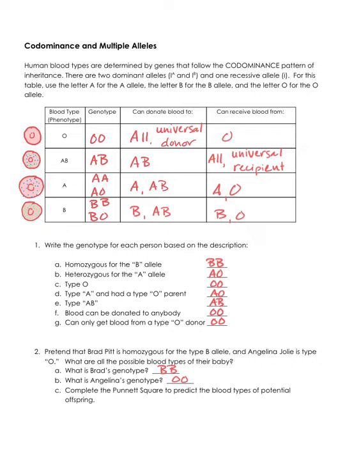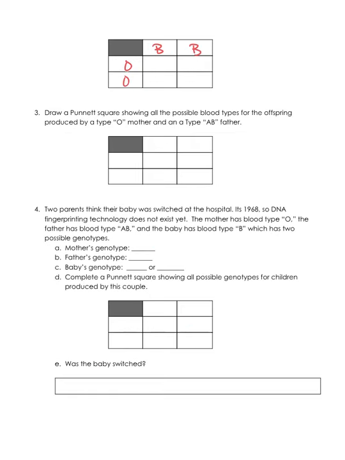We're going to work on a Punnett square on the next page to predict the blood types of their potential offspring. So we start with their genotypes, BB and OO, and then we fill in the boxes. You should find that because both parents are homozygous for their respective traits, all of their offspring are heterozygous and they have the same genotype. In this case, they all are heterozygous for blood type B.